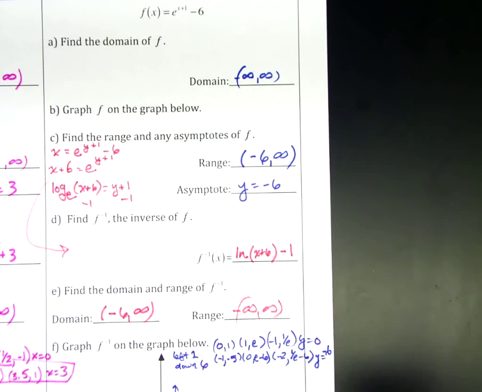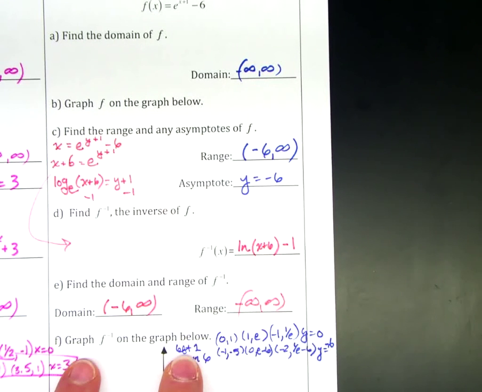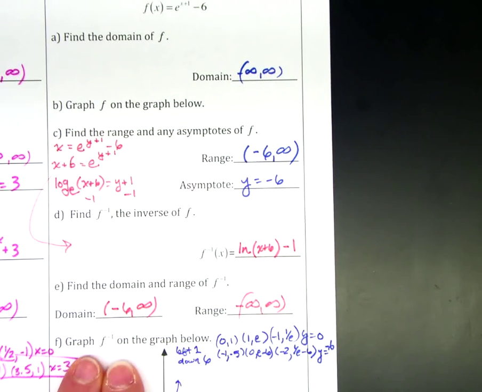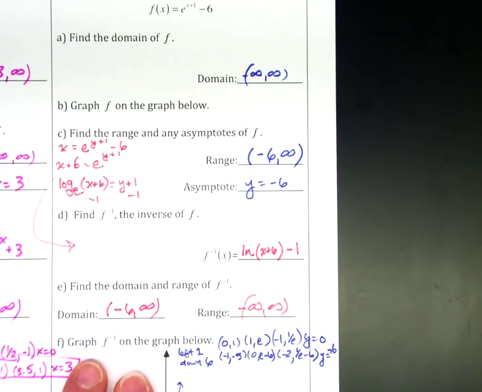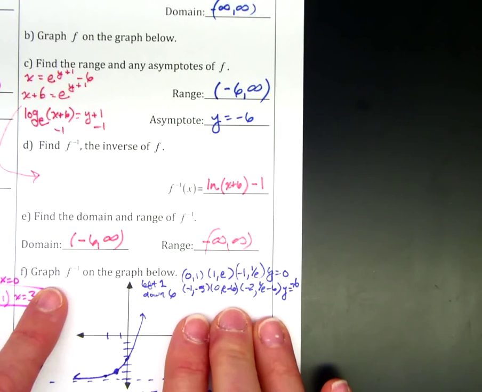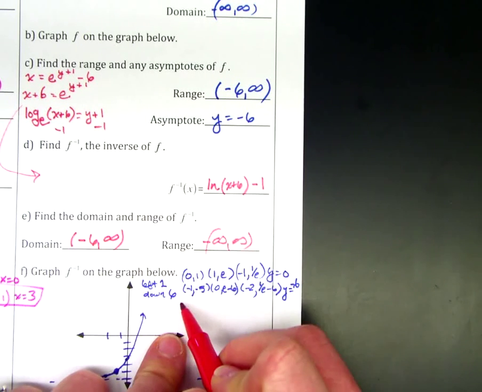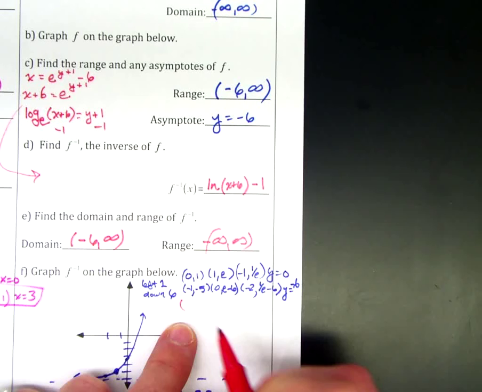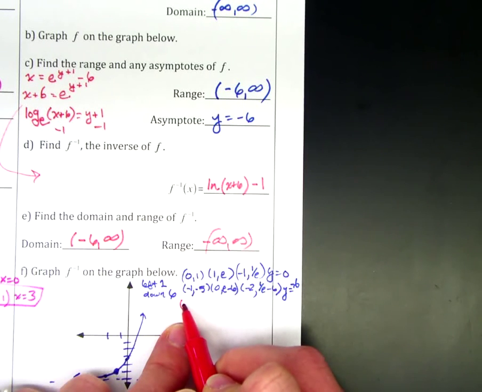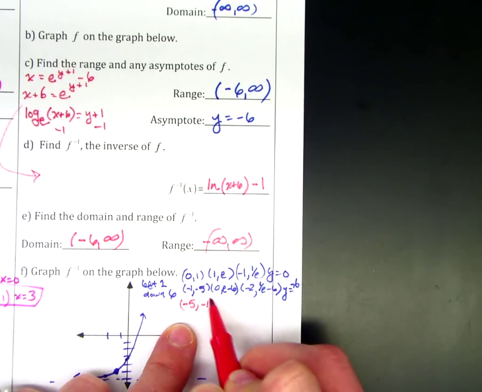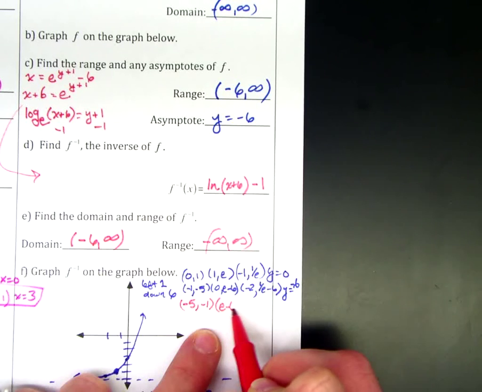So now for this last part, which we didn't do in the last 3 graphs, we're going to graph the inverse because the main focus of this chapter is logs. I definitely want to graph the inverse here. What's really nice about it is we actually have all the values we need right here. Okay, so if I have (-1, -5) for my new function, I must have (-5, -1), and then (e minus 6, 0).